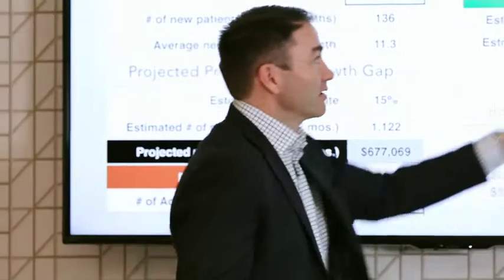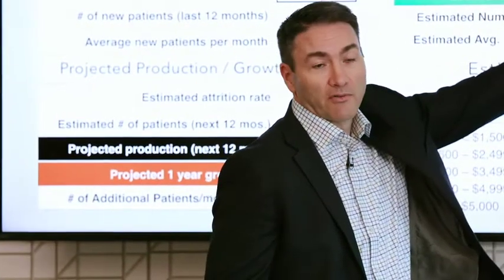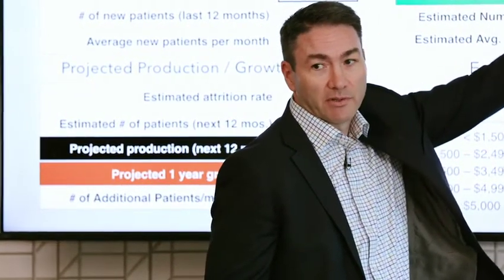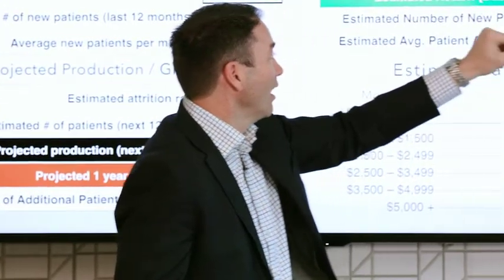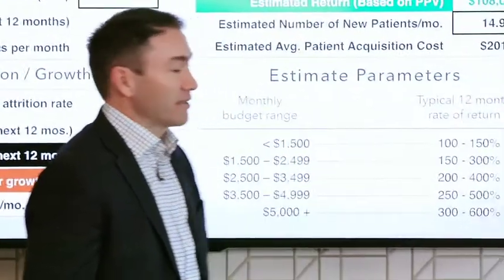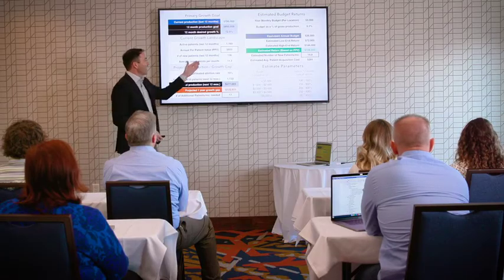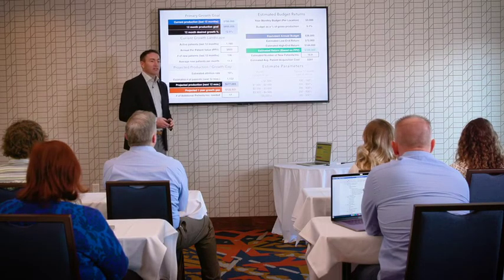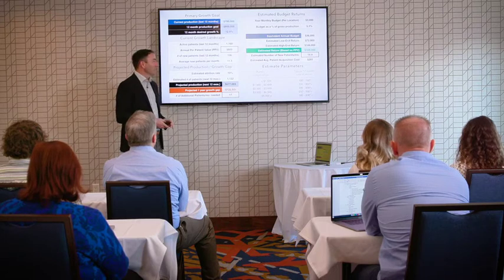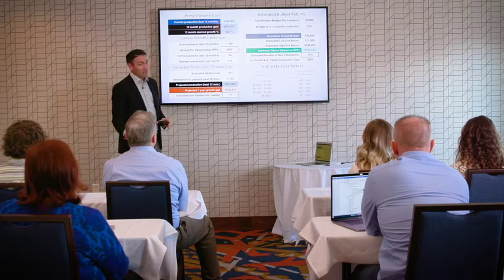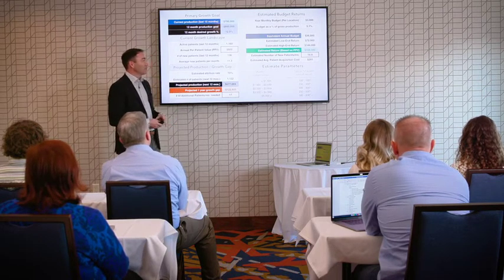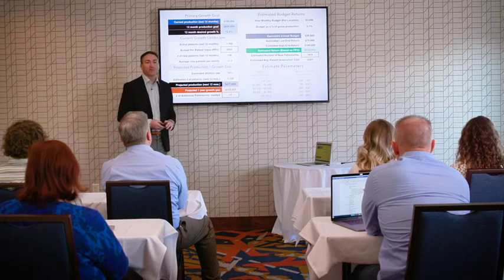That means somewhere between about $72,000 to $144,000 in return. If we take an average of that, it's $108,000. At $108,000 divided by $603, which is your per patient value, and then divided by 12 months, that tells us we're going to bring in about 15 patients a month.